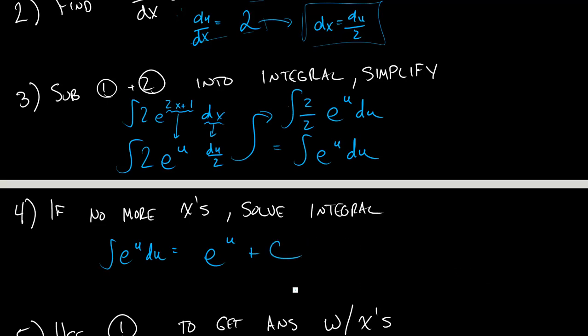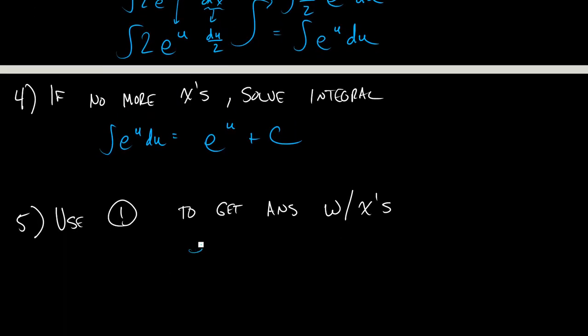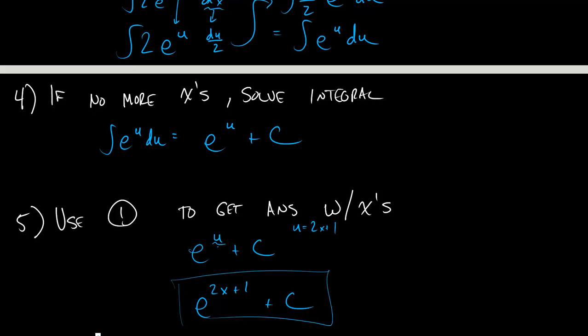That's one of the formulas we learned in 7.1. Now that I've done my integral, I just come back and say, all right, my answer is e to the u plus c. I'm going to substitute in what I knew u was, that u is equal to 2x plus 1. So my answer is e to the 2x plus 1 plus c, right? And that'll be my final answer.